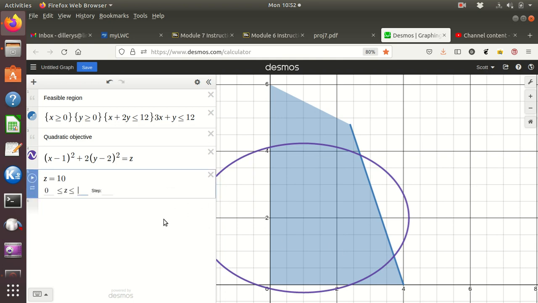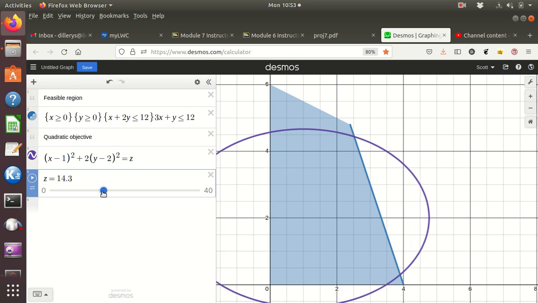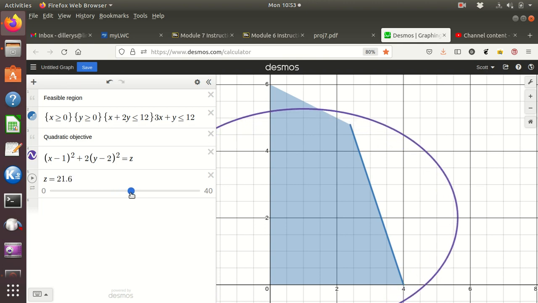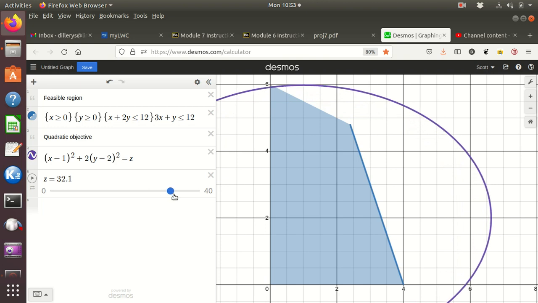So let's make it as big as 40. And so I just let it keep growing. Now notice this part is just now hitting down here, but all of these up here are feasible as well. So I'm going to just keep growing it bigger and bigger.